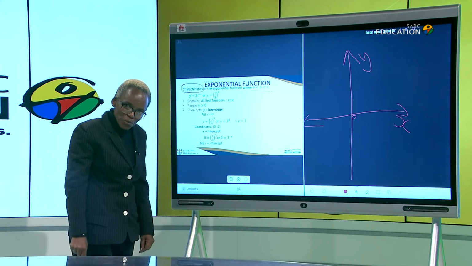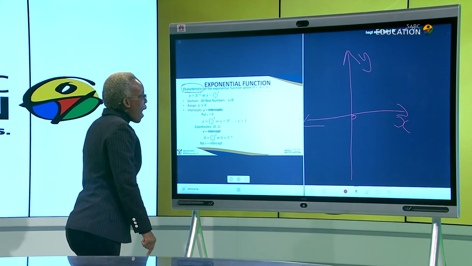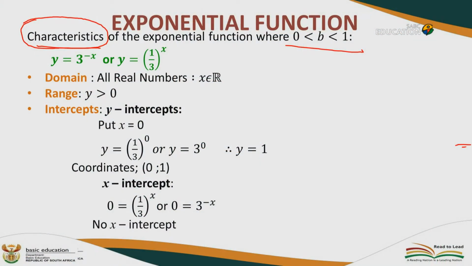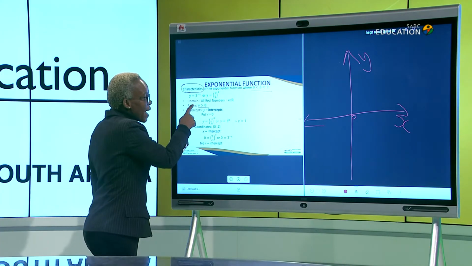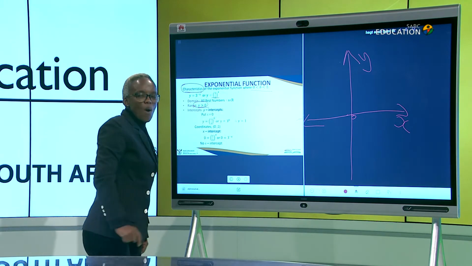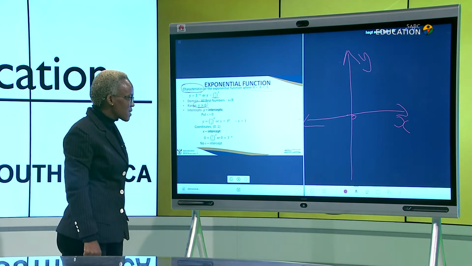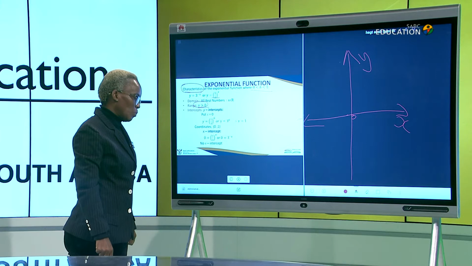Now the range. The range, y is greater than 0. So where is y greater than 0? Above the x-axis. Now our range for our graph for the second case is y is greater than 0.